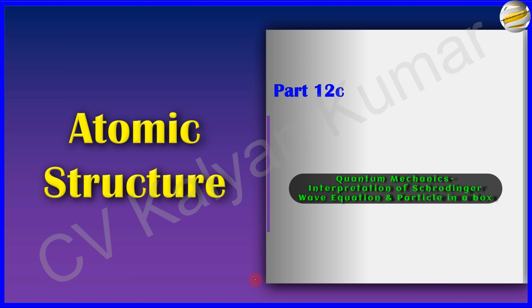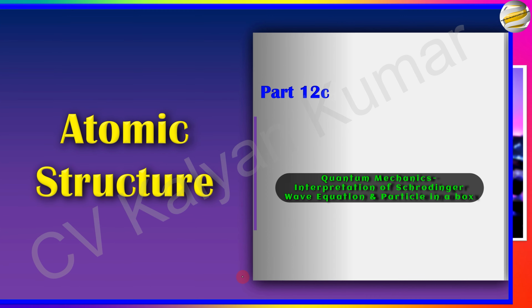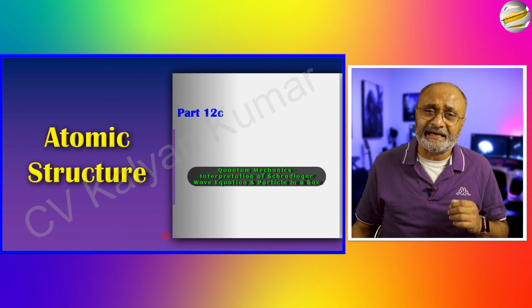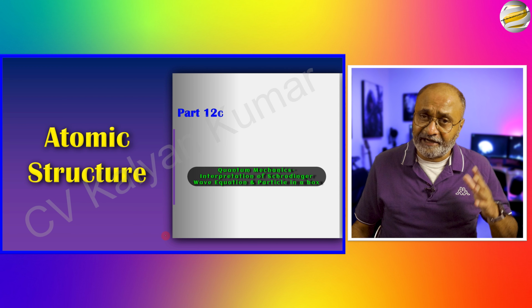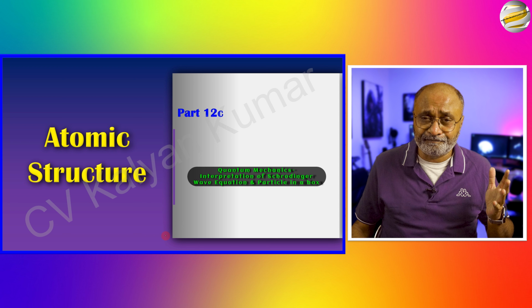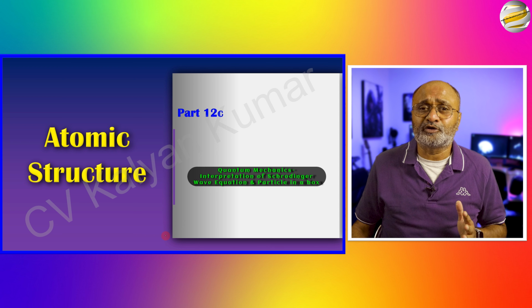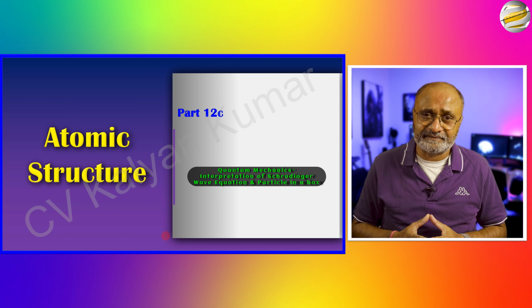Now, as mentioned before, the wave mechanical model of an electron described by the Schrodinger equation is based on the wave particle duality of electron. I mentioned this earlier, but I'm going to repeat it again. It assumes that an electron is a 3D wave in an electric field of the nucleus.